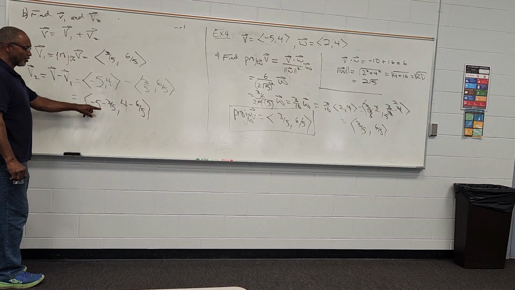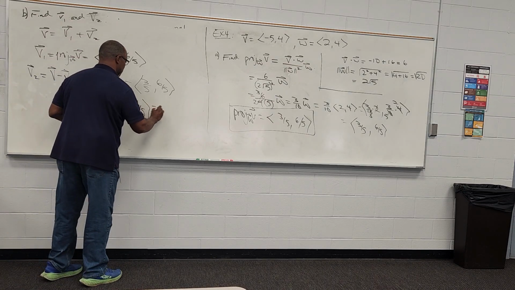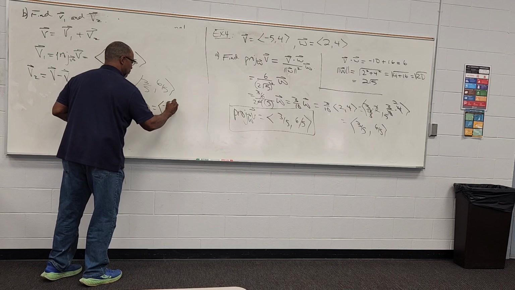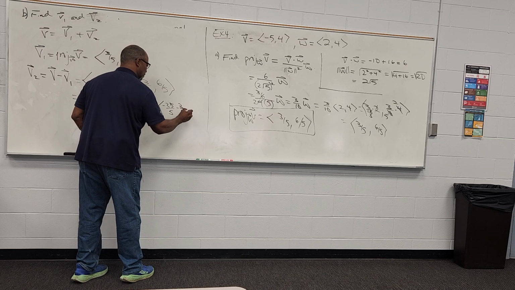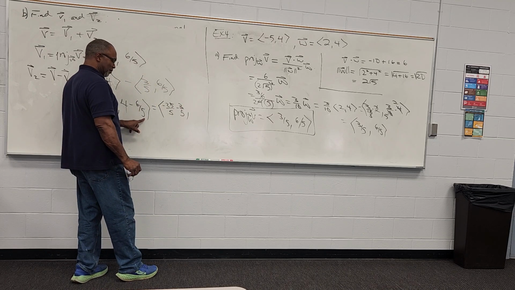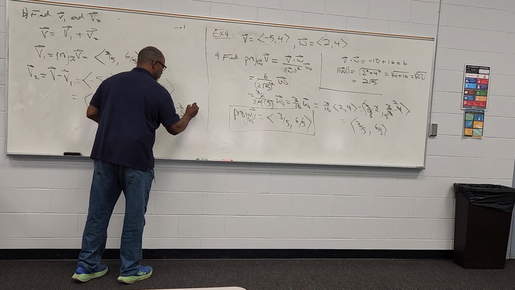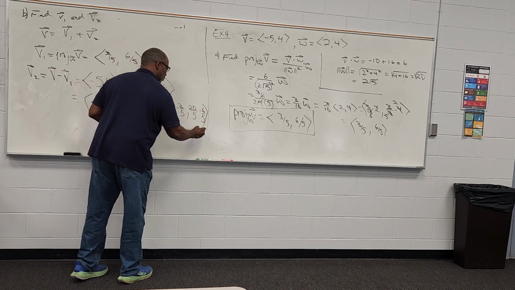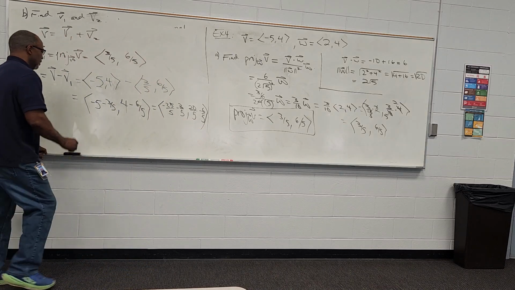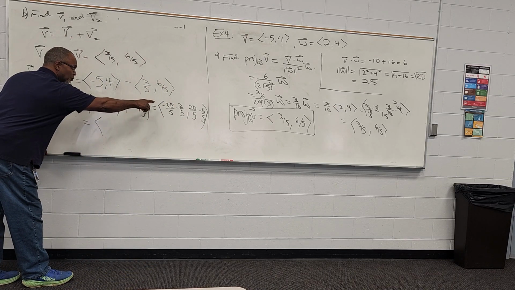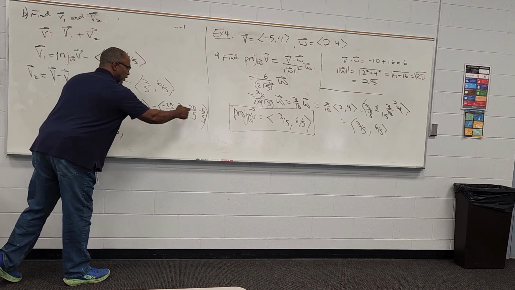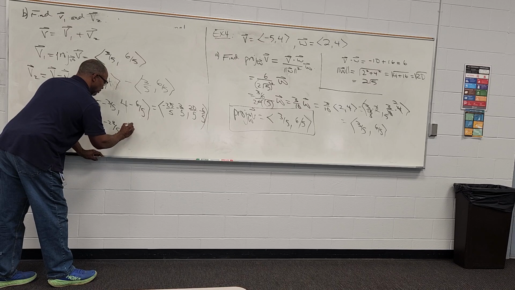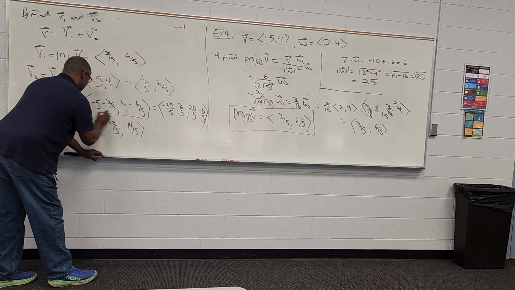To do that subtraction, I need a common denominator. Negative 5 is the same thing as negative 25 over 5, minus 3 fifths. And then 4 is 20 over 5, minus 6 over 5. So negative 25 minus 3 is negative 28 over 5. 20 over 5 minus 6 over 5 is 14 over 5. This is vector V2.